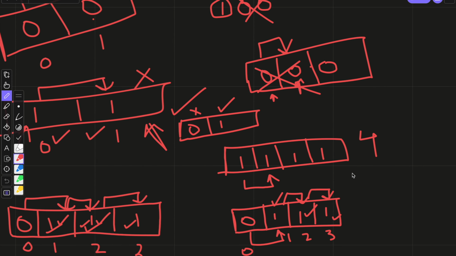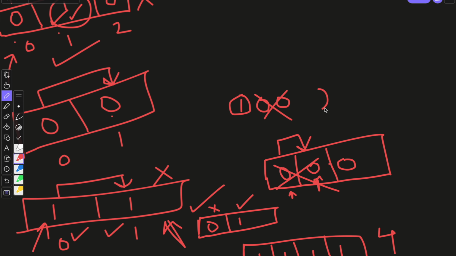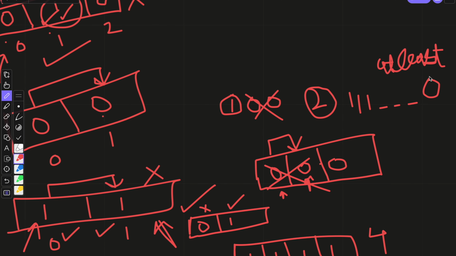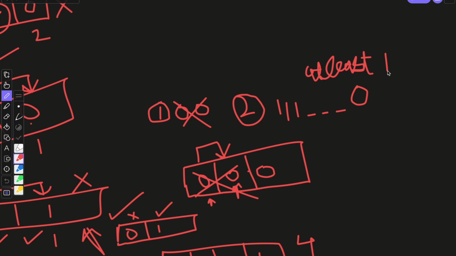Okay, so what is the second condition? We can have consecutive ones if and only if we have at least one 1-0.